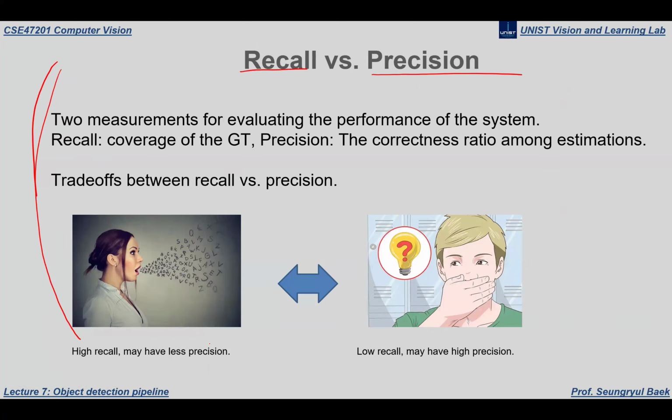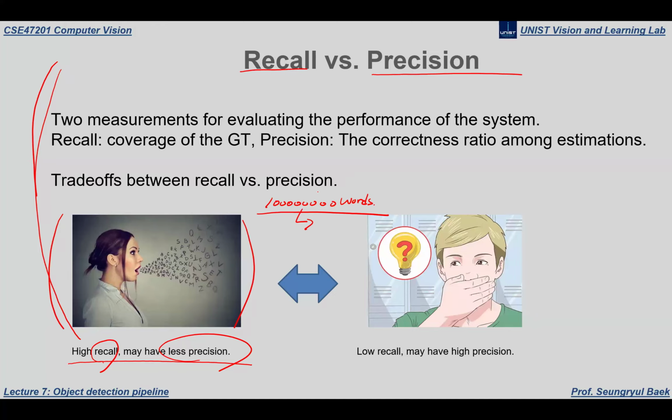If someone speaks a lot, then she may have a high probability of high recall but less precision, which means if she says this many words every day, then she may reflect many of the issues that happened that day.